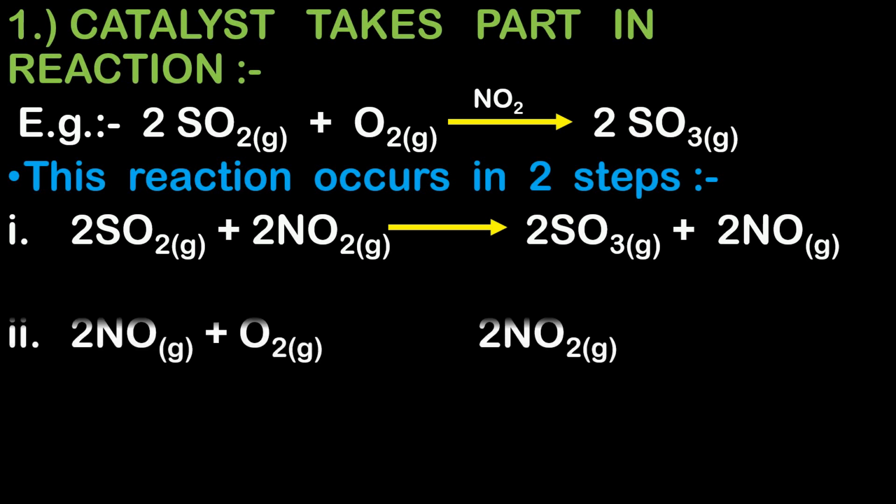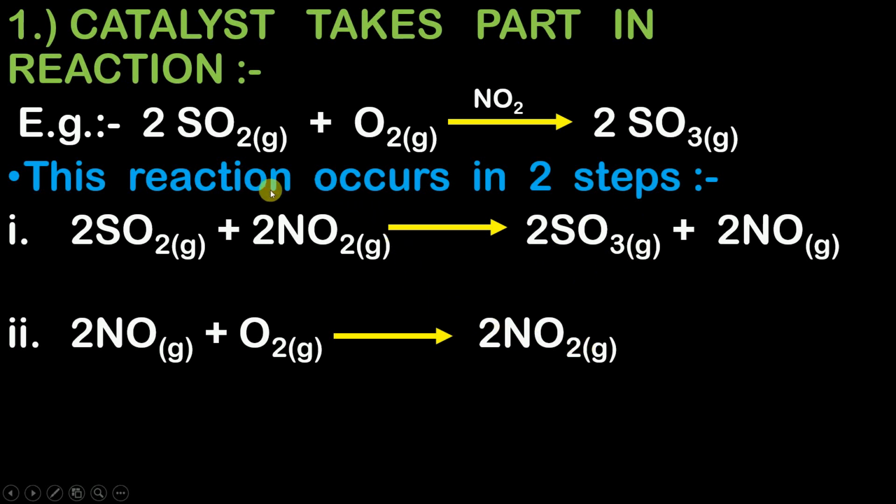And in the second step, what is going to happen is that this 2NO gets reacted with this O2, and it gives us 2NO2. Now, why is there a second step involved when we have already got the product in the first step? The reason behind this is that we must get catalyst as it is. Now what is the meaning of this?